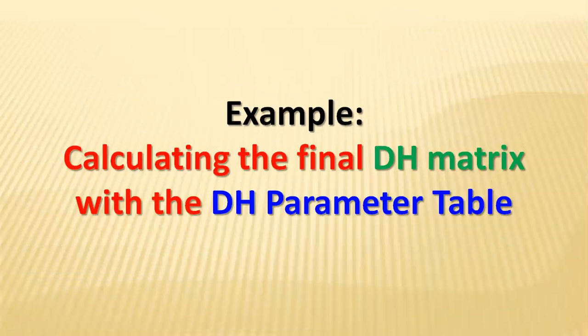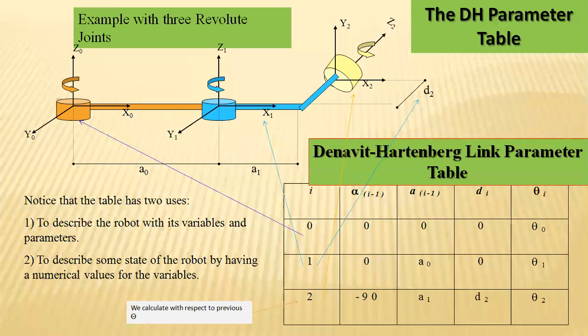Let's take a simple example of how to calculate the transformations towards the kinematics of a robot with DH parameters. See here, the tabular column clearly specifies the example with respect to this base, and this is link 1 with joint 1, and this is link 2 with joint 2, and the end effector will exist towards it.